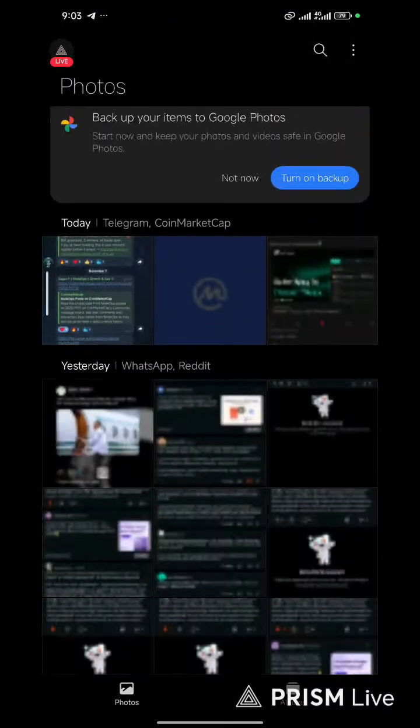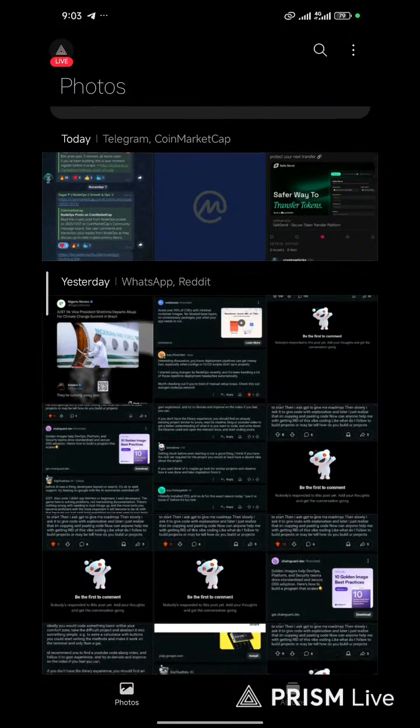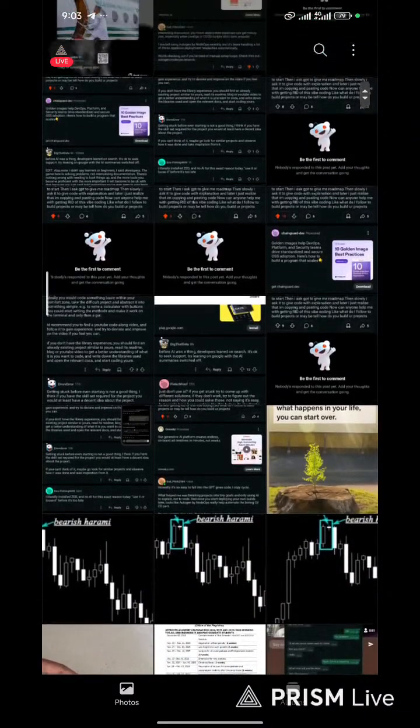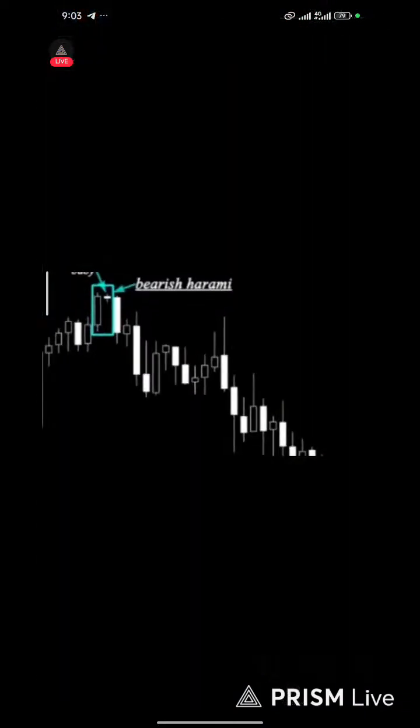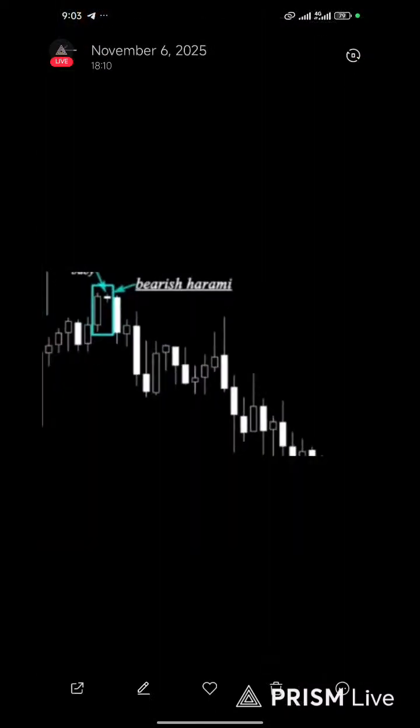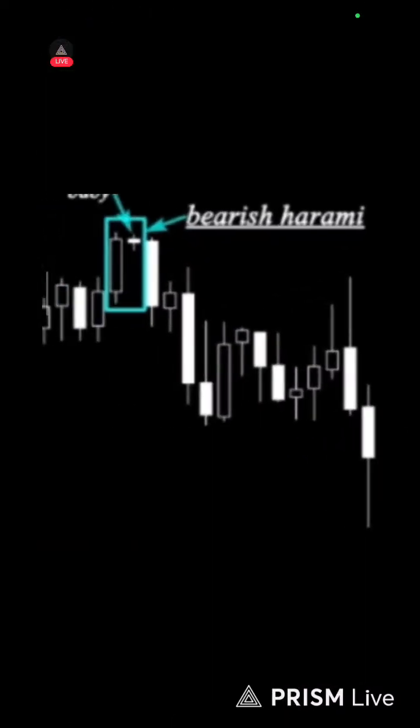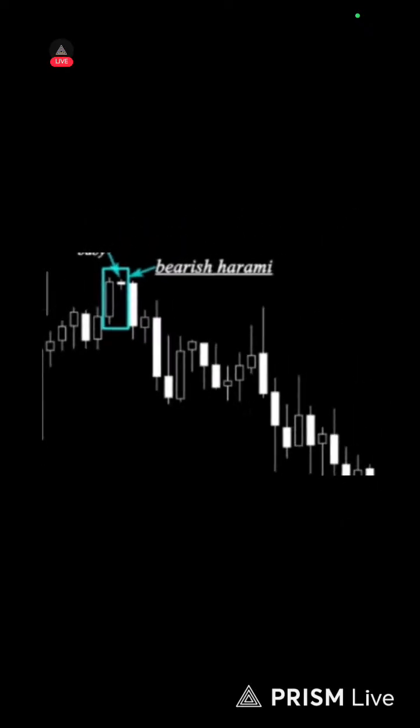My gallery. This is it. This is a picture of a bearish HARAMI candlestick pattern, right? Now, guess what happened?